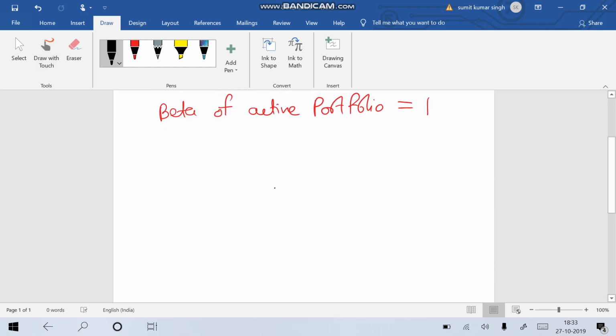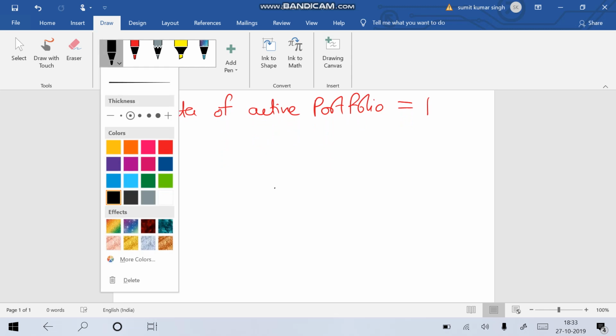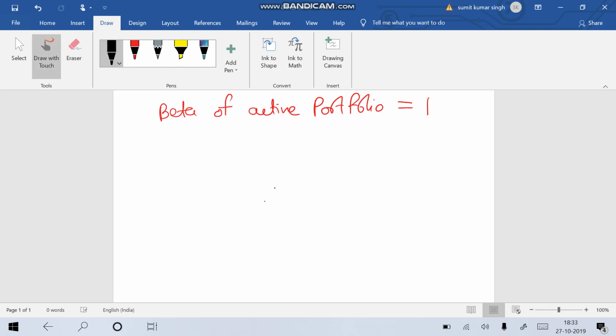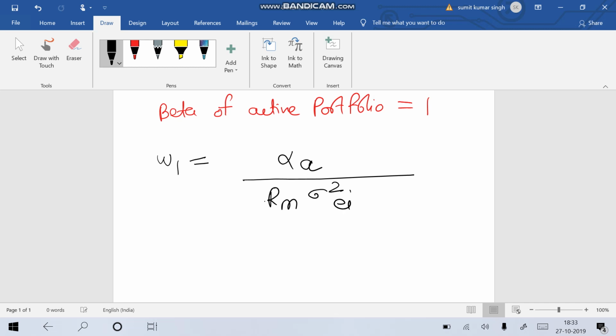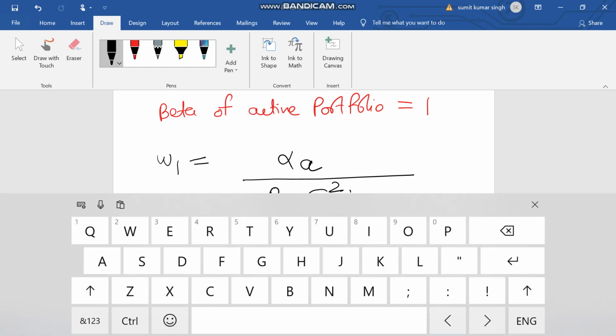If you assume that, then the weight would be equal to alpha of the active portfolio and 1 minus beta, and since beta is 1, I get the excess return on the market times the residual variance divided by the variance of the market. This is what you get.